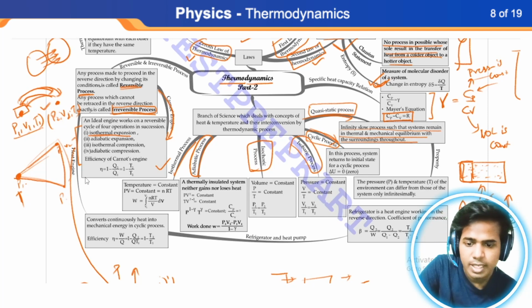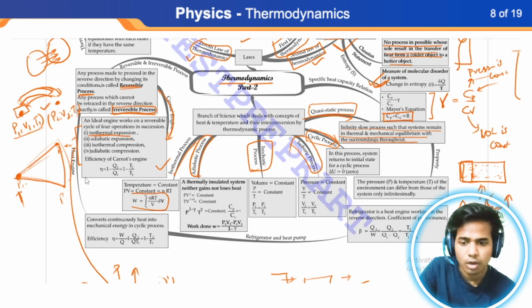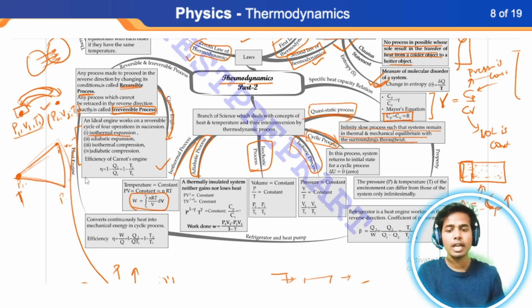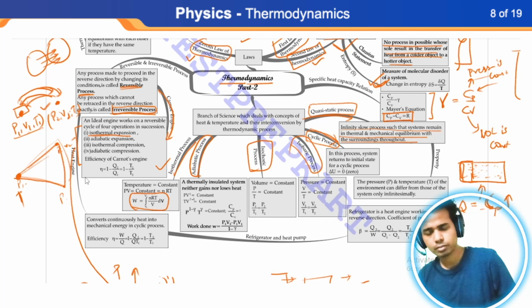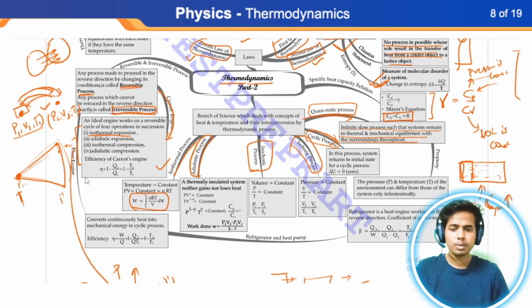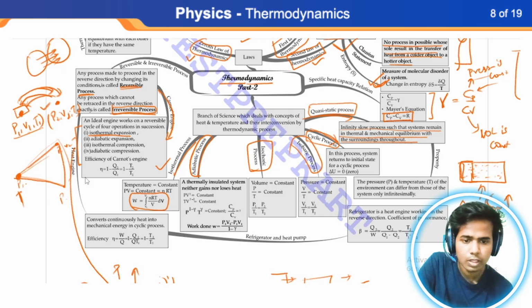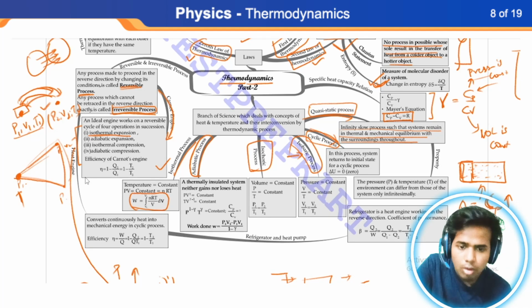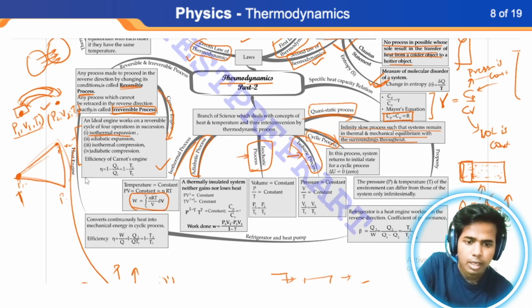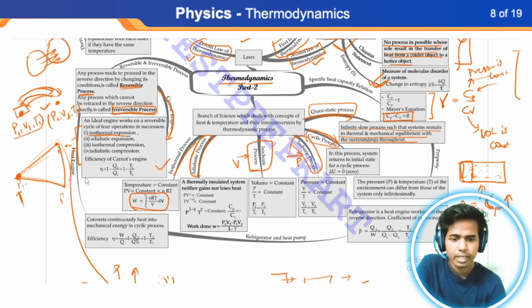For the isothermal process, the equation for work done is in this format. The way we derive it is from PV equals nRT itself. First of all, let's discuss the work done for isobaric or isochoric processes. Isobaric means pressure is constant, and isochoric means volume is constant.